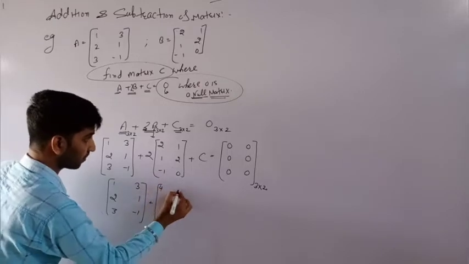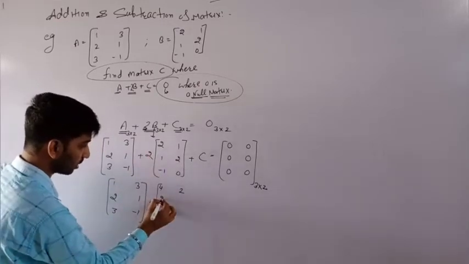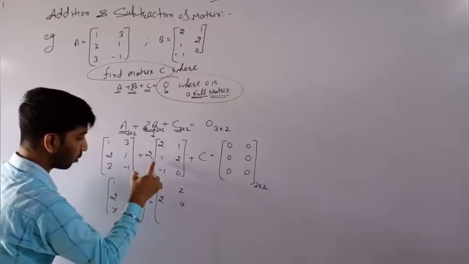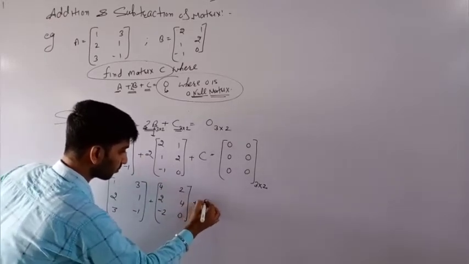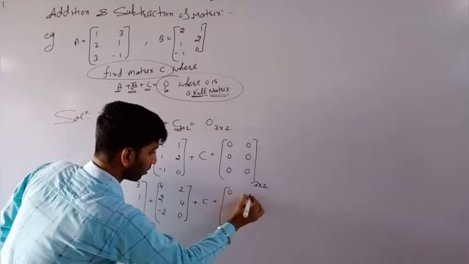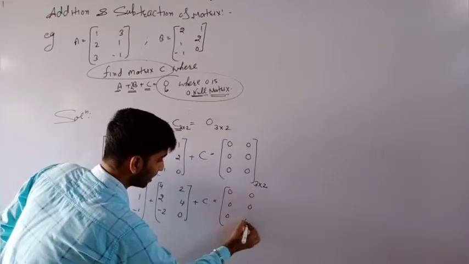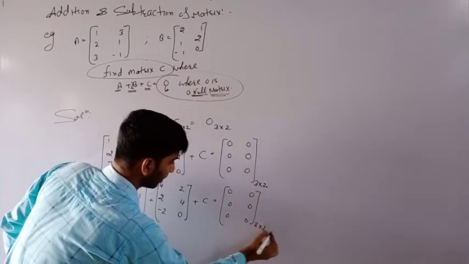2 2 are 4, 2 1 are 2, 2 1 are 2, 2 2 are 4, 2 multiply minus 1 is minus 2, 2 multiply 0 is 0. Plus C, all the entries in a null matrix are 0, 3 multiply 2.